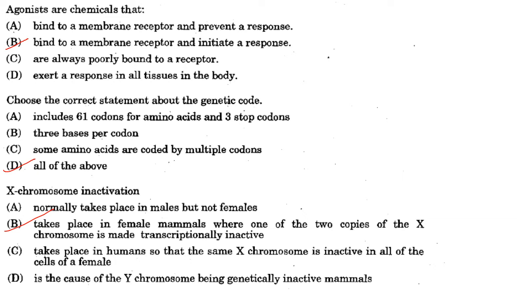Each cell independently or randomly inactivates one copy of the X chromosome. So it is not the same X chromosome that is always inactivated, but it can be either one of the X chromosomes.